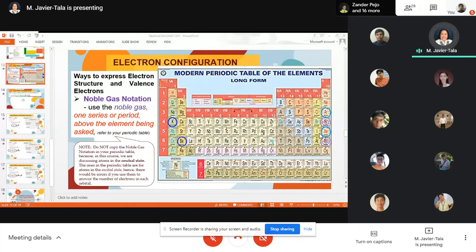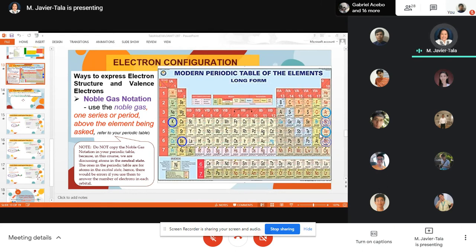For example, class, if you will be asked to write the noble gas notation of potassium, within period 4 it has krypton as its noble gas, but you will not be using that because krypton has a higher atomic number compared with potassium. As mentioned, you should use one series or period above. So you should use argon.